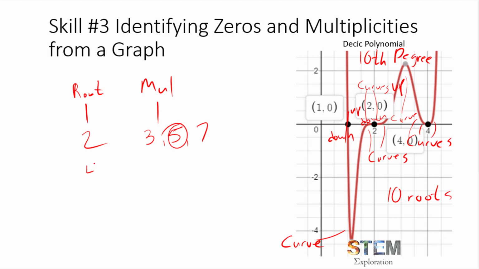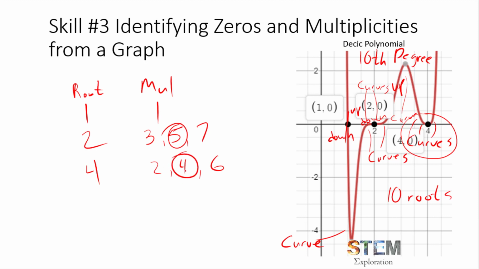And then at 4, okay, if we have 1 and 5, that's 6. So that means that this root here has to have a multiplicity of 4. Okay, so 2, 4, 6 would be our possibilities. 4 would be the case.